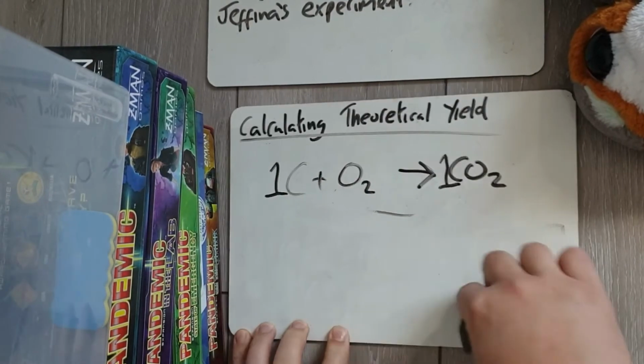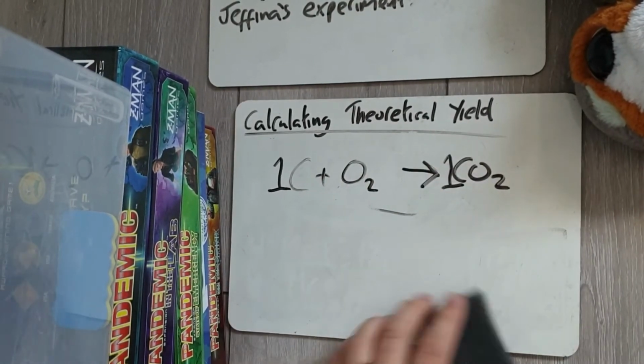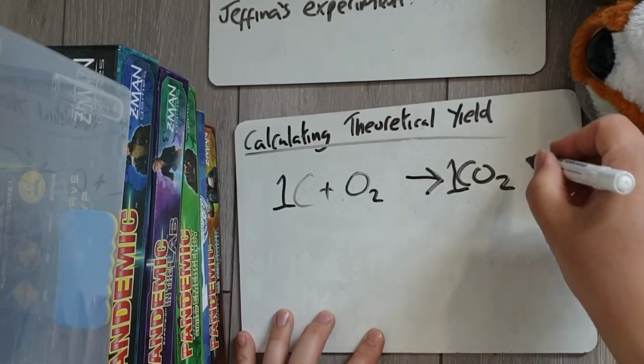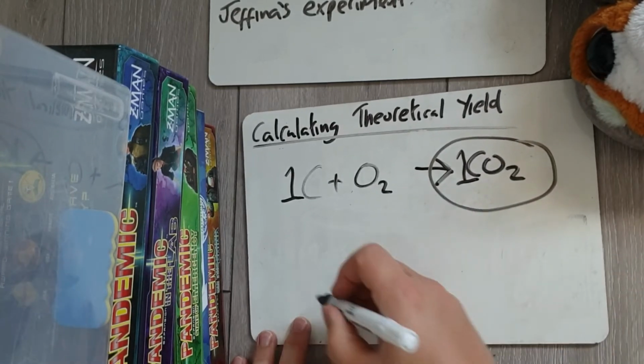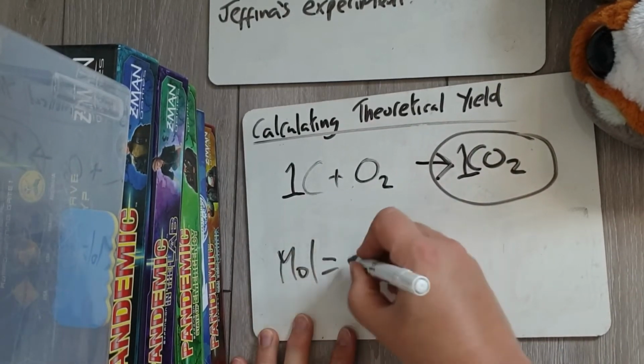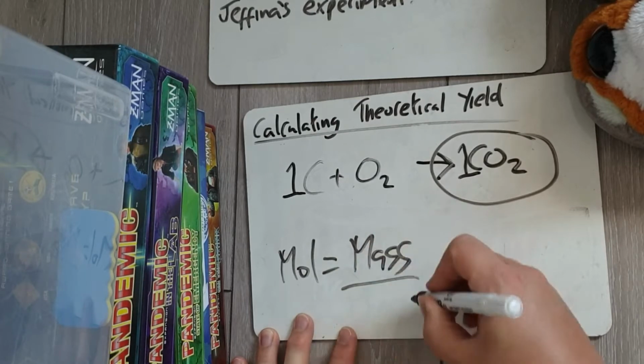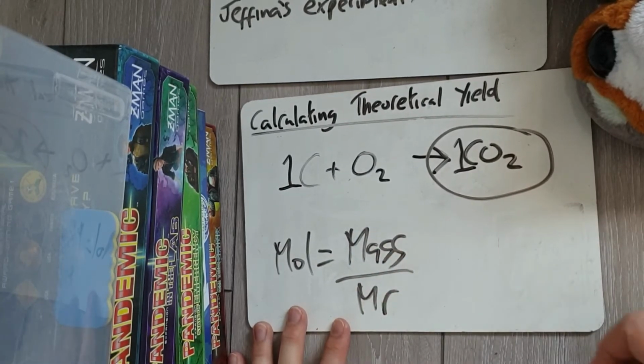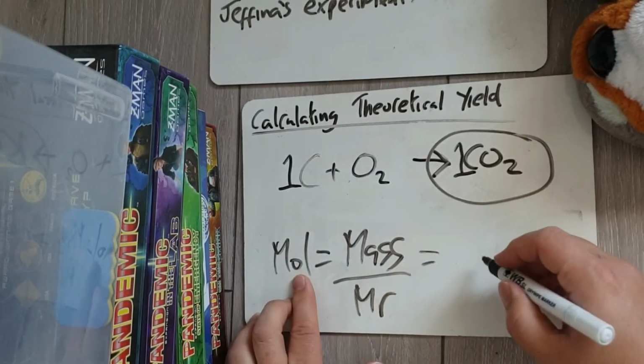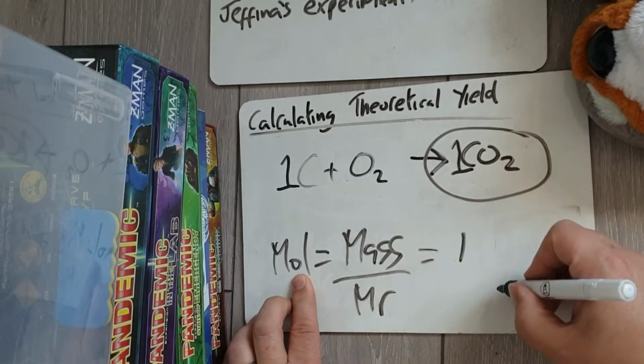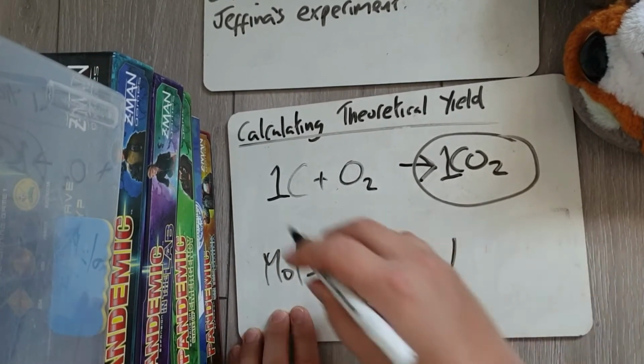Why are we doing all this? We want to work out the theoretical yield. So now we're looking at carbon dioxide. We know that moles equals mass over Mr. We know we've got 1 mole of it, because that's what we've just worked out.